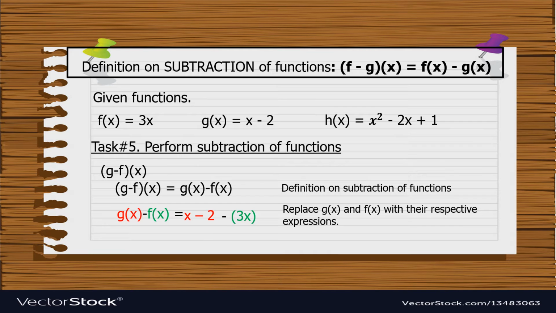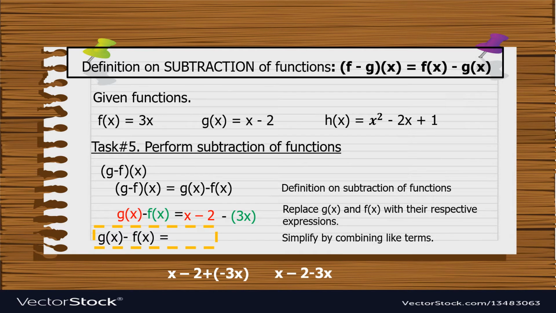X minus 2 minus 3x. So, x minus 2 from minus sign to plus sign, and from positive 3x to negative 3x. And it will become x minus 2 minus 3x. So, for the final answer, g of x minus f of x, it is now negative 2x minus 2.